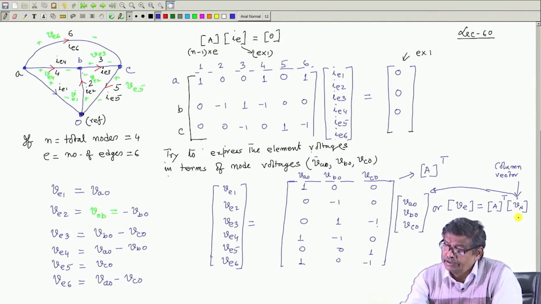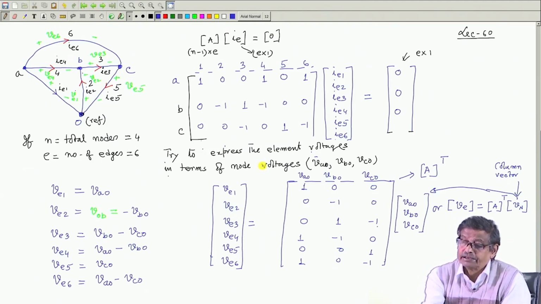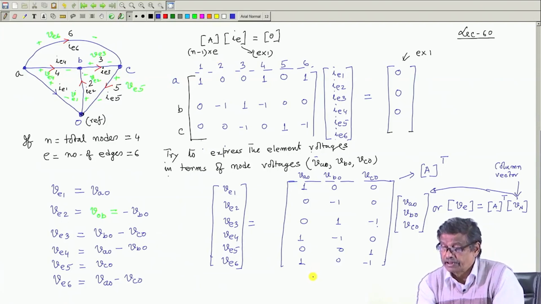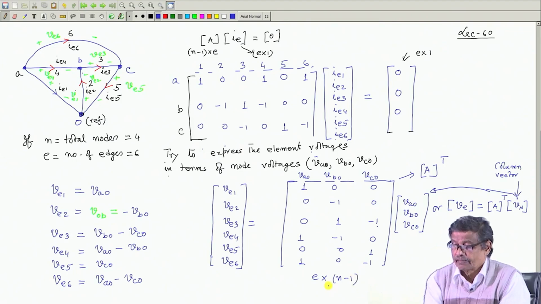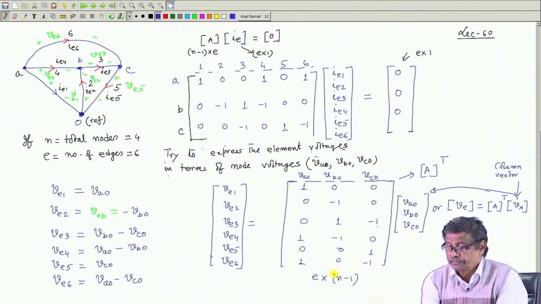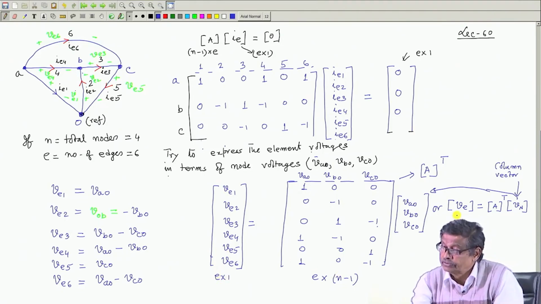Now, what will be the size of this Vn? First, let us see the size of this A transpose matrix. A matrix was n minus 1 into E. So, it must be E by n minus 1, because A matrix size was this, its transpose. So, number of elements, this is the element voltage, E into 1 column vector.